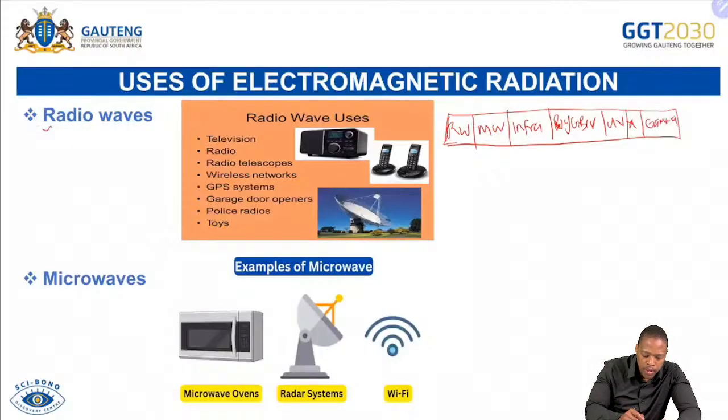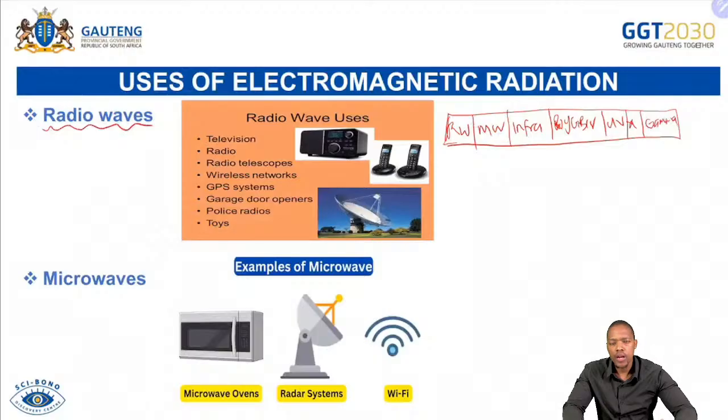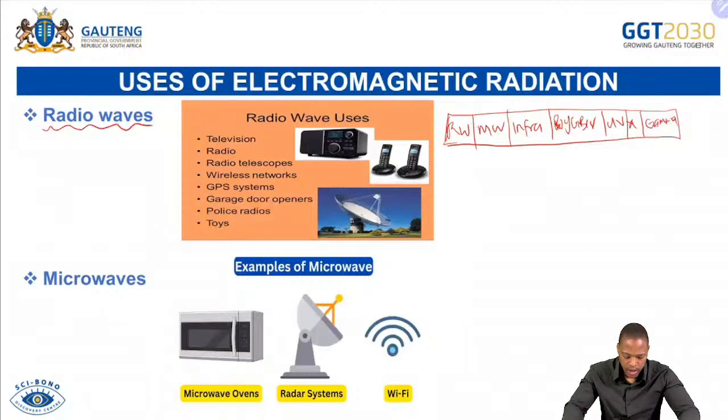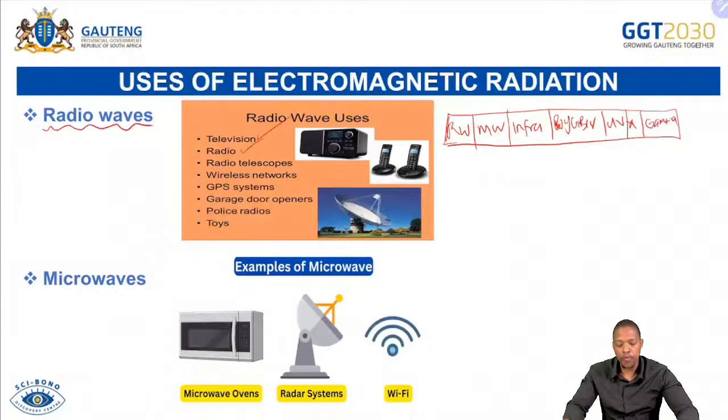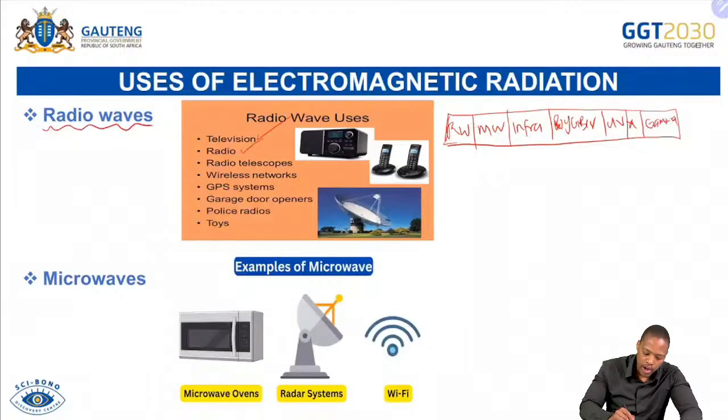So we'll start with radio waves and ask, how are radio waves used in our everyday life? Well, radio waves are mostly used for communication, grade 12. They are used for things such as television, and since they are radio waves, you find them in radio, and then radio telescopes.